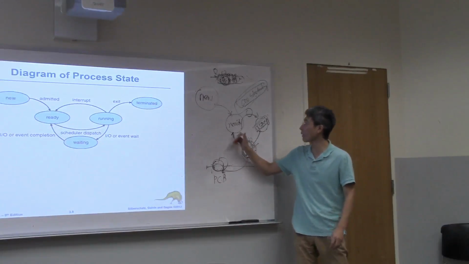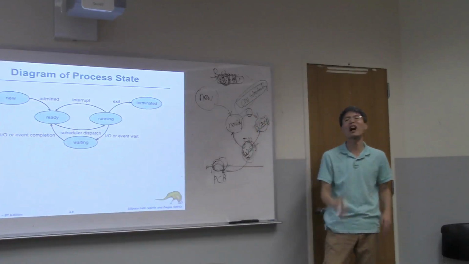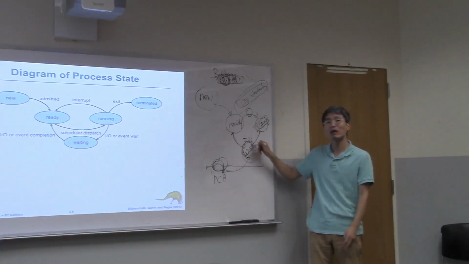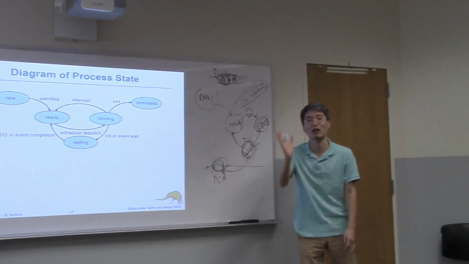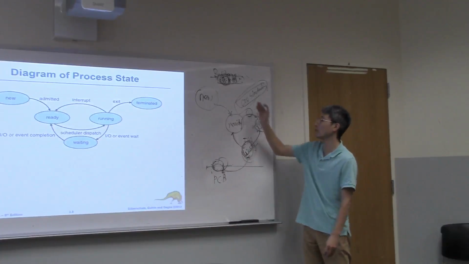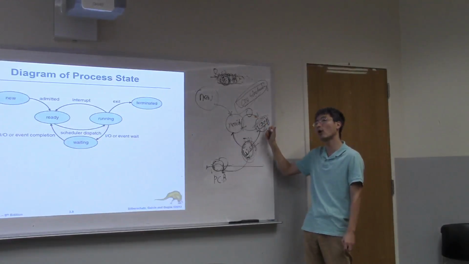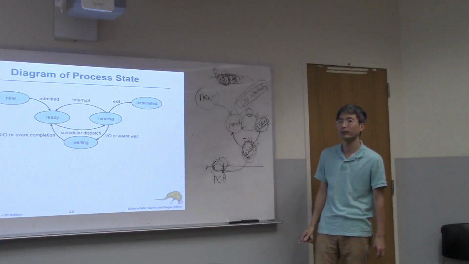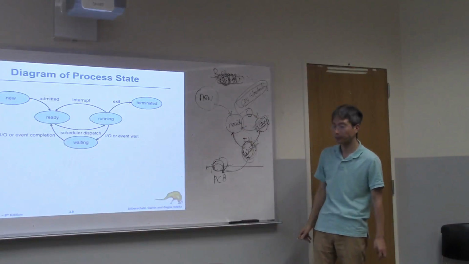Even though this one goes back to ready, you need to inform the operating system, I'm ready, I'm done reading the data. How? Using the interrupt signal that we discussed. An interrupt is a signal to inform the CPU that, even though there is no I/O, it can move back to the ready queue. Okay? That is the ready and running.